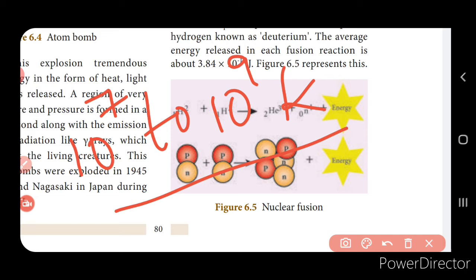And if you see the fusion reactions, or thermonuclear reactions, this is the source of the heat and light energy in the sun and the other stars. So nuclear fusion is the source of the heat and light energy present in the sun and the stars.